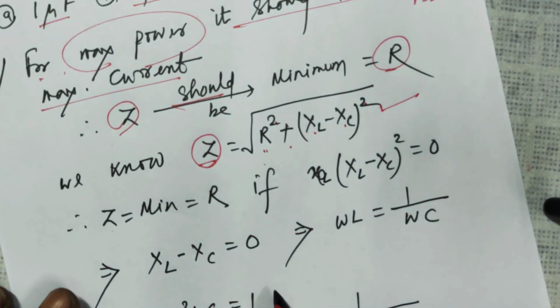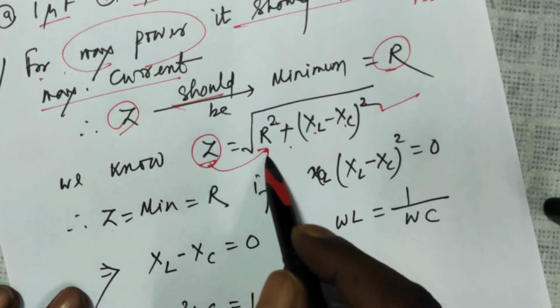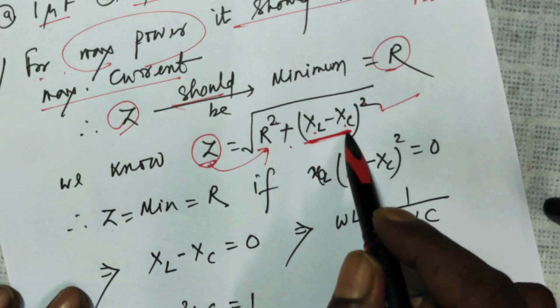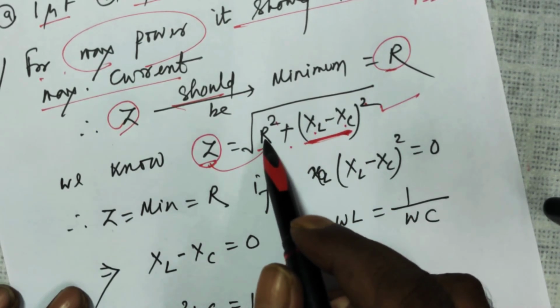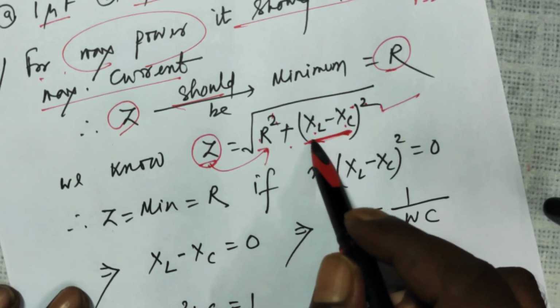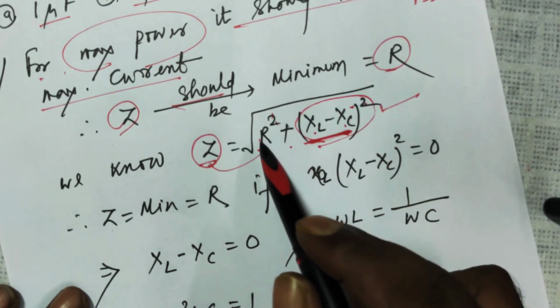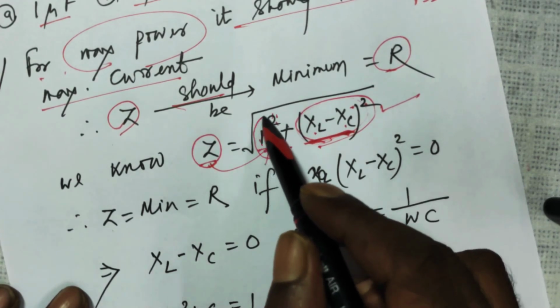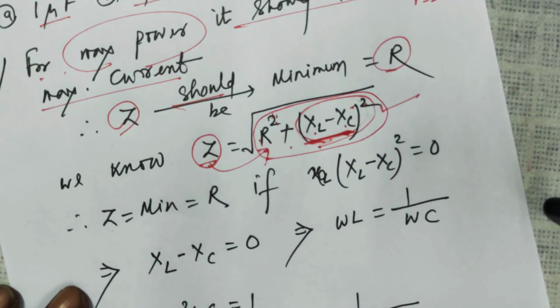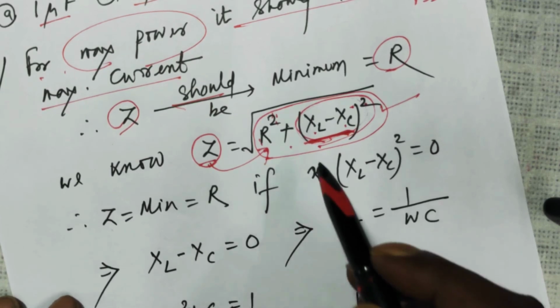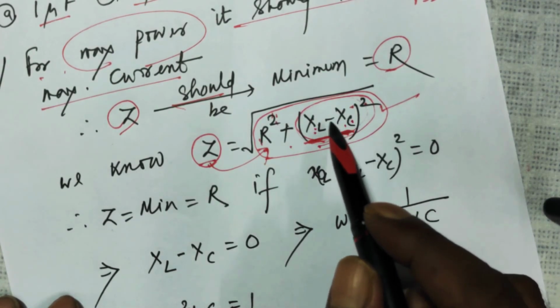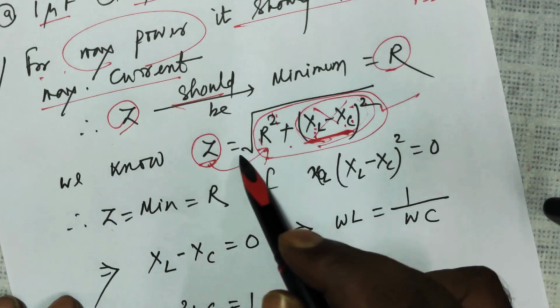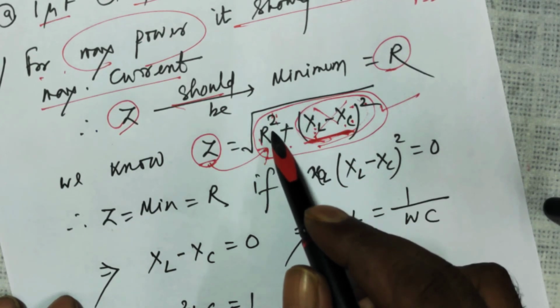Now, when will this be minimum? If this part becomes 0, then we are adding nothing to R square. If this part has some value, then R square plus something will increase the value. So, in order to minimize this, if your XL is equal to XC, then this part goes. So, square root of R square remains R.